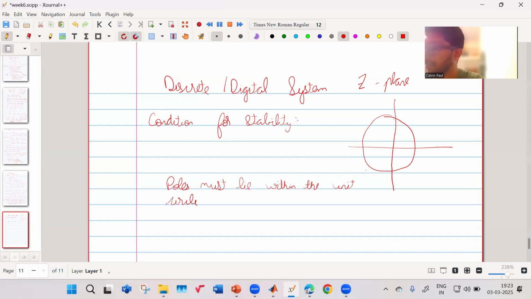Okay, that is the criteria. And if you want to do deadbeat control, what you want to do is place all the poles at the origin.